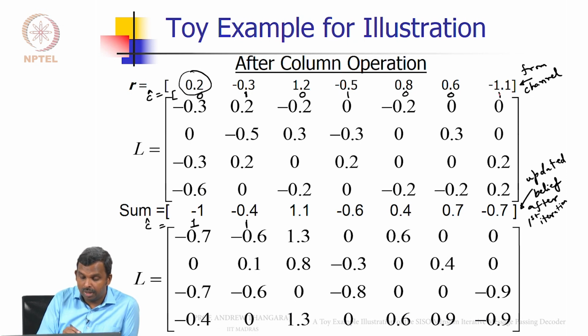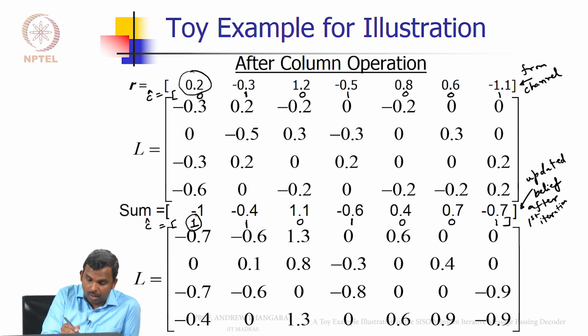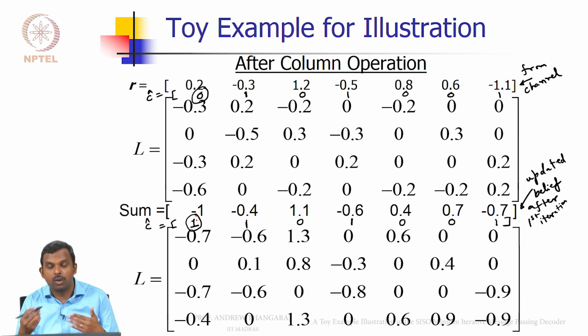The C cap after the first iteration became 1, 1, 0, 1, 0, 0, 1. There was one bit which got flipped. This bit got flipped. You can see why that has happened. 0.2 became -1. So, because of your decoding this has happened.